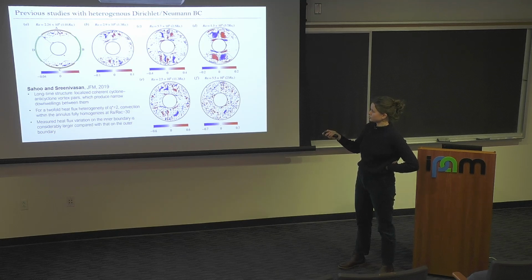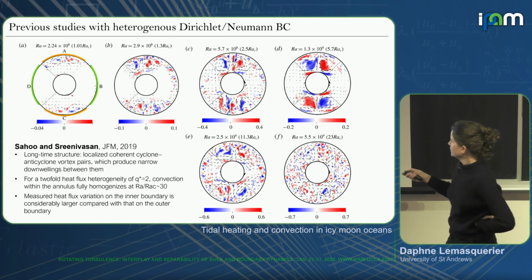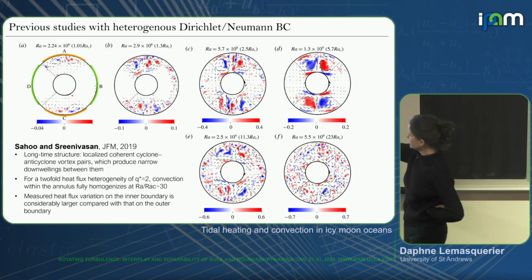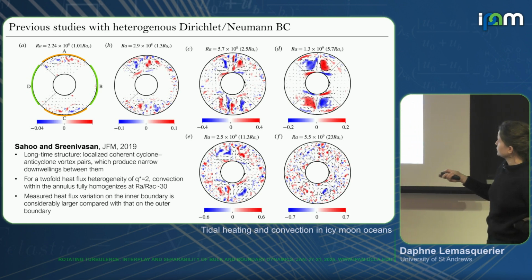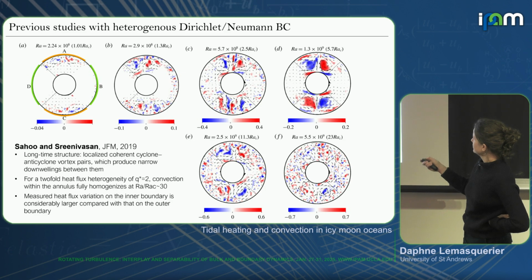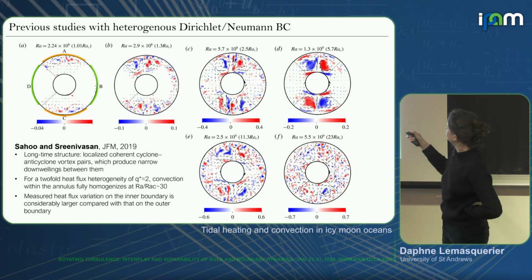And then they measure the velocity field from PIV, which are the arrows, and the colors represent the actual vorticity. And from left to right, they increase the Rayleigh number. And what you can see is that as you get more and more supercritical, you get this type of large-scale coherent structure that develops, with counter-rotating vortices, so cyclone and anticyclone.